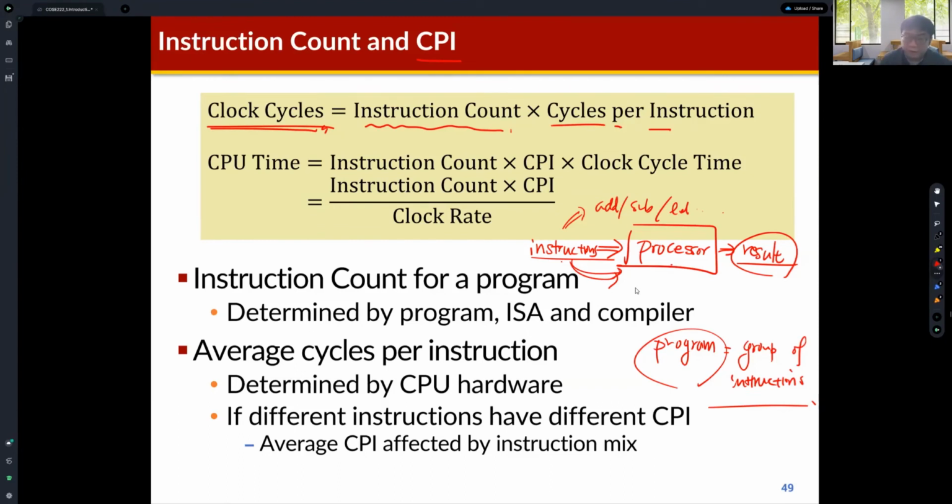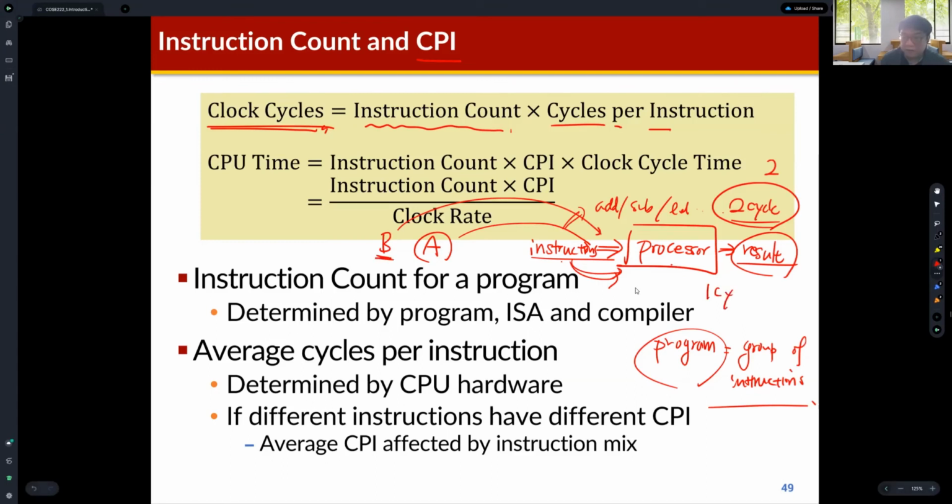That means the cycles taken when an instruction is executed by a processor. So what does that mean? If an instruction A is given to a processor and it consumes 2 cycles, then what is the cycles per this instruction? It's 2. And then instruction B is given to the same processor, but it takes 1 cycle. So what is the CPI for this instruction?